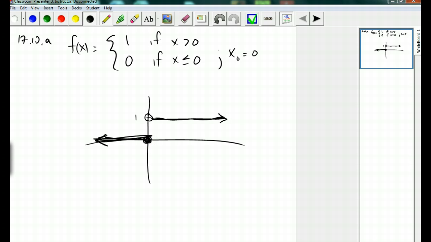So how are we going to prove such a fact? We have to use the definition of continuity.